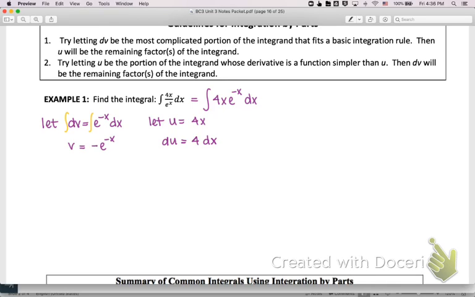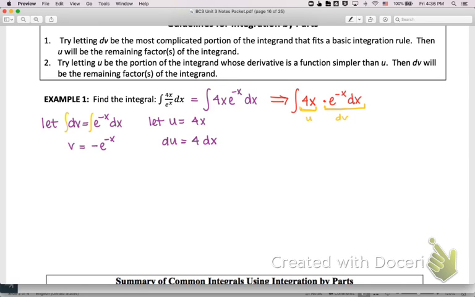Okay, now we are going to take this integral, and we want to think of it as 4x times e to the negative x dx. You don't necessarily need to write this out, but what I'm showing you here is that this part is u, and this part is dv.